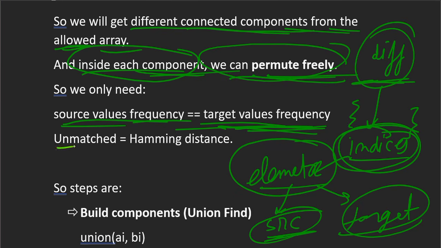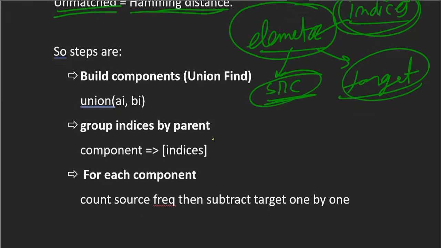And if their frequencies are unmatched, then the count of the unmatched frequencies will give us the Hamming distance. You will get this when I explain it with the help of an example.